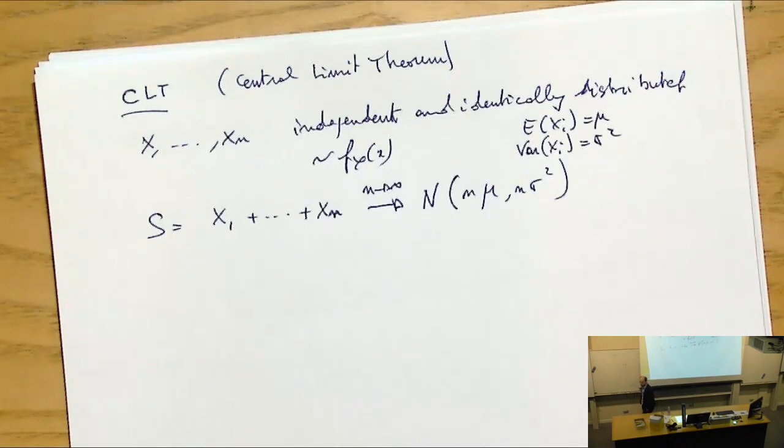You do the same measurement multiple times, but this measurement is noisy. If you did the measurement only once, you may have some error. This is the variance of each of those random variables. But if you do the measurement multiple times and you average, the error decreases.